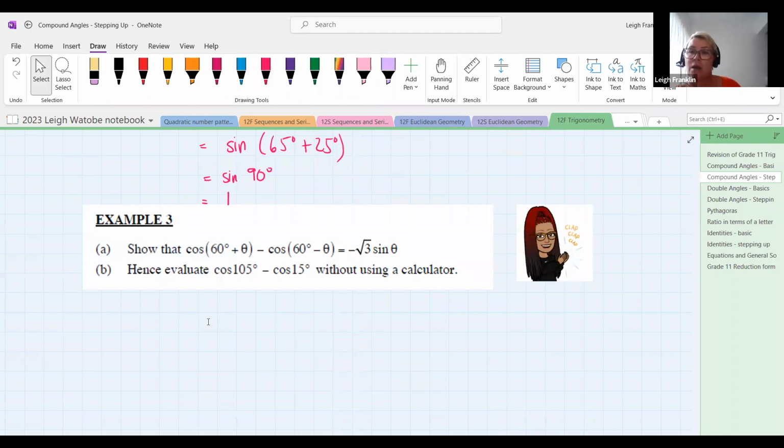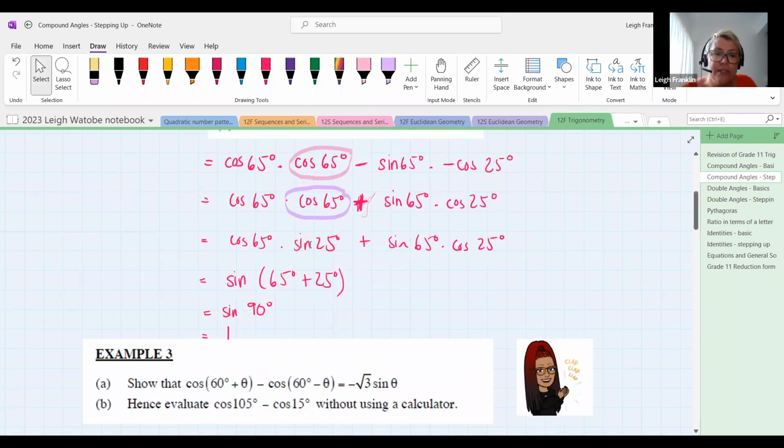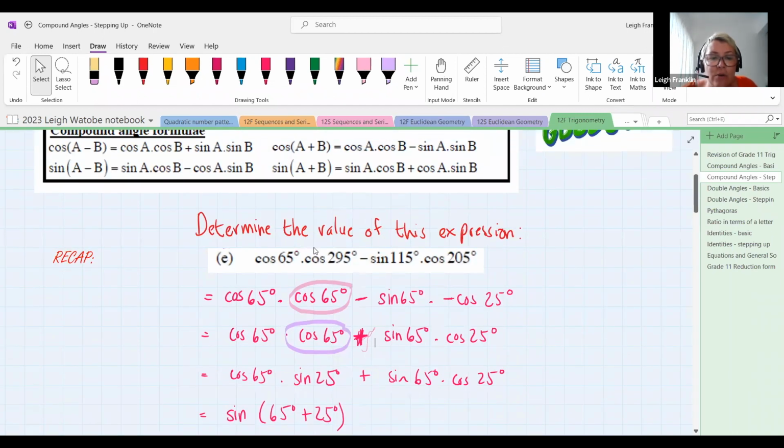Ma'am, can I ask, sure, Umaholo. Why is it sine 90 at the end? Why? Because 65 plus 25 is 90. Where did you get that sign? I'm using my compound angles. Okay, so if you have a look at this line over here, that line over there, that's exactly the same as this over here that I'm just highlighting in pink.